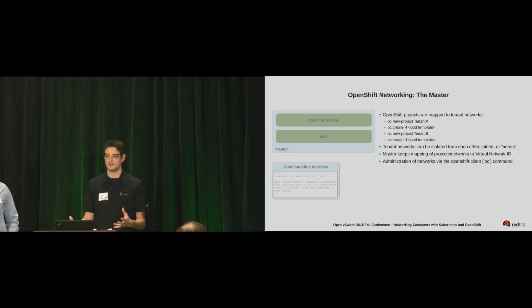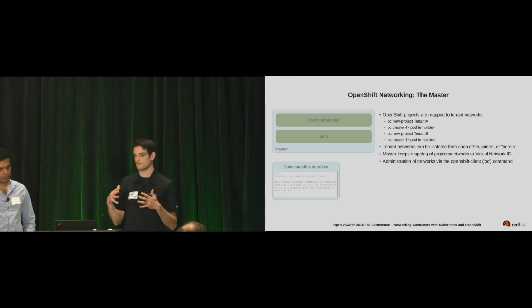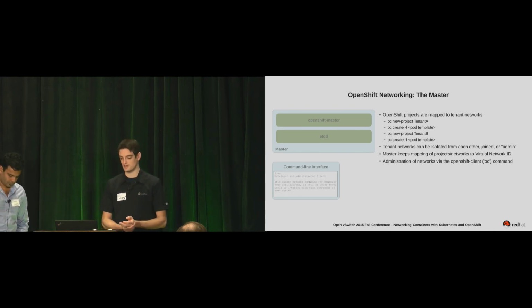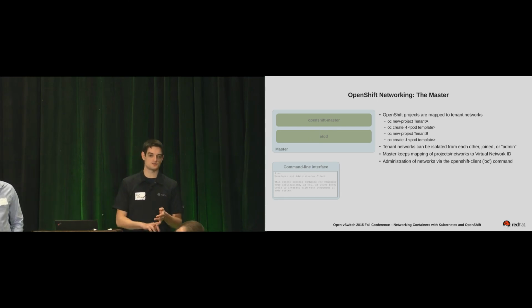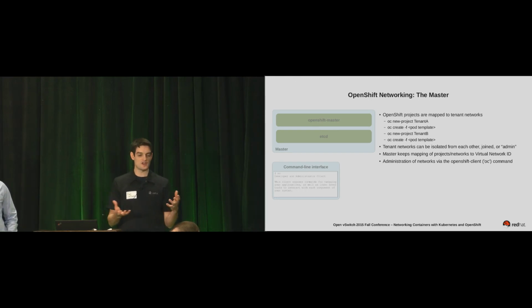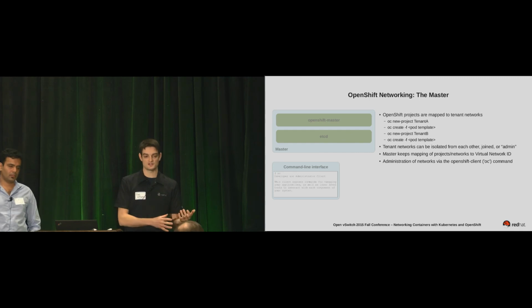Once you've done this, and the pods are in different projects, they cannot talk to each other until you modify the networking configuration later with the user interfaces like command line tools. The tenant networks can be joined, they can be split, they can be isolated from each other. They can also be made administrator networks, which basically means that they can access all pods and all pods can access them. That's used for some aspects of services.